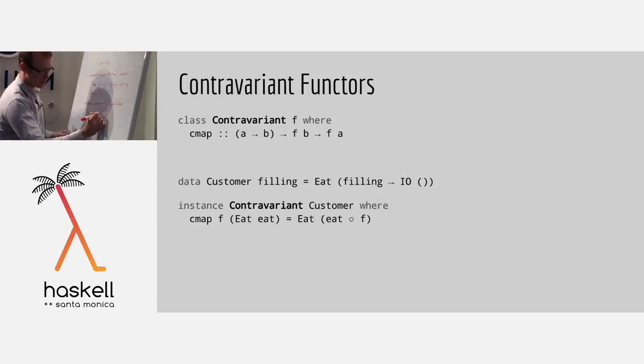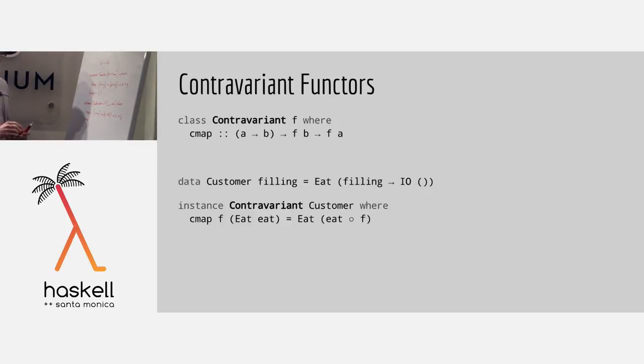X to a Y, let's say, and a C of Y, so that's a Y to a B, and you need to give me a Y to an A. Wait, a C of Y is a Y to B? So we're just plugging in Y here. Oh, this is an X, I'm sorry. Again, this is just function composition. But you compose them the other way. That should be x to b. Yes, it should, thank you.